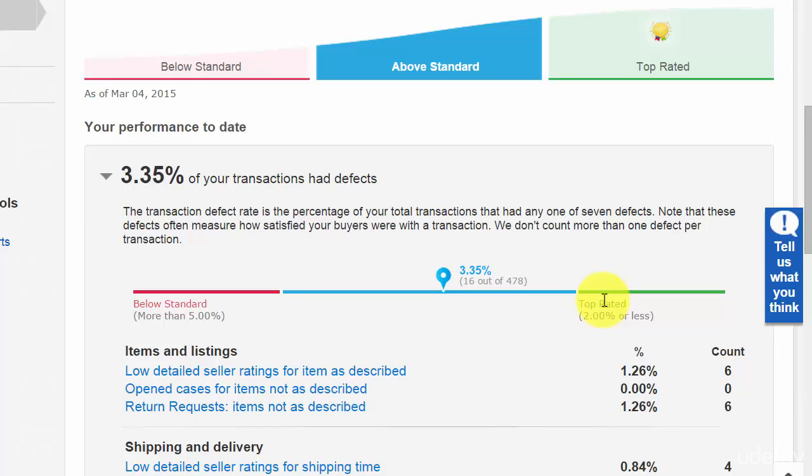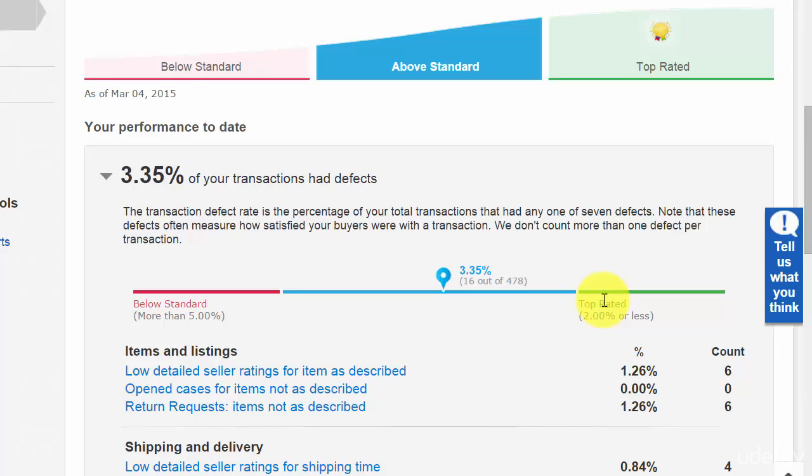Number one, they're going to give you a discount on your eBay fees, and that's huge. If you're talking about tens of thousands or hundreds of thousands of dollars in transactions, that can equal a few hundred or even a few thousand dollars in profit that you didn't have to pay in fees. Another thing eBay does is boost your score so your listings rank even higher than your competitors.